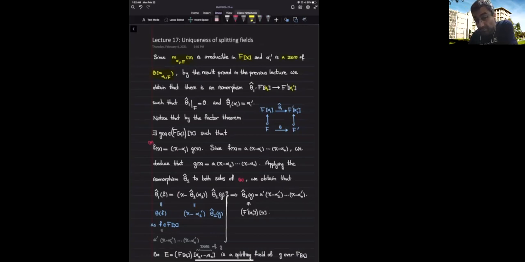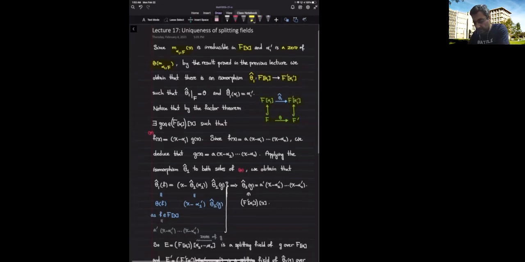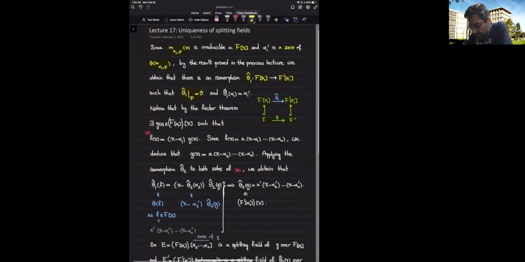By the result that we proved in the previous lecture, we get a ring isomorphism between these fields F bracket alpha 1 and F prime bracket alpha 1 prime in a way that is compatible with the isomorphism that we had between F and F prime, and it sends alpha 1 to alpha 1 prime. Okay, so its restriction to F is just the theta that we had, and it sends alpha 1 to alpha 1 prime.